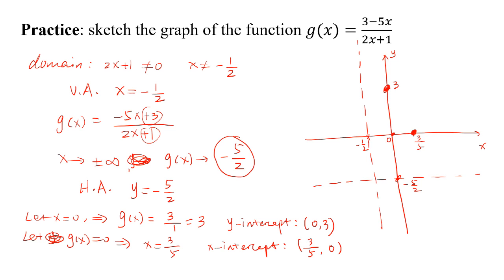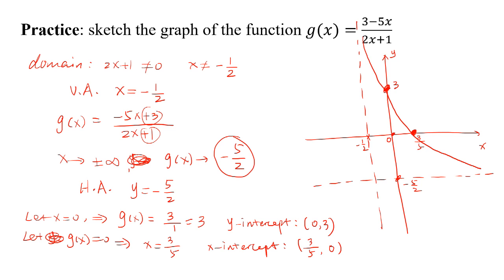And in conjunction with the two asymptotes we have drawn, we know that this function should have a pattern like this. Right? This is one of the branches.